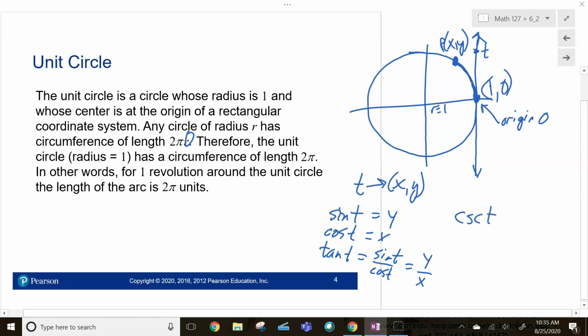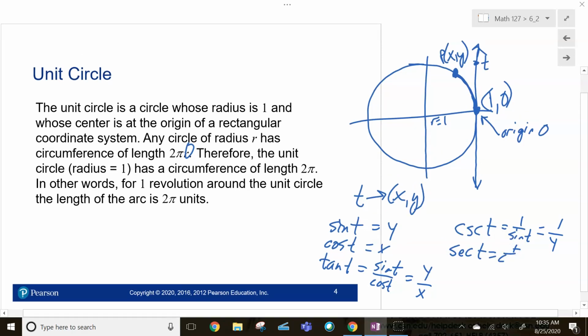So the cosecant of t is 1 over the sine, in other words, 1 over y. The reciprocal of the cosine is the secant of t. So that's 1 over cosine, which is 1 over x.